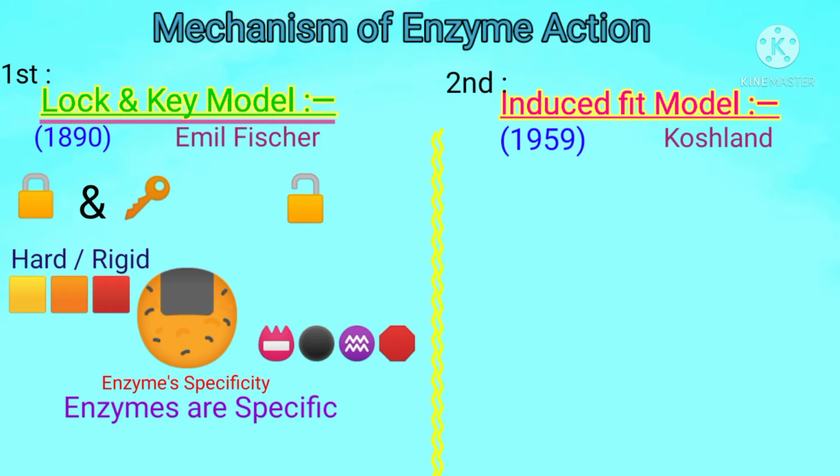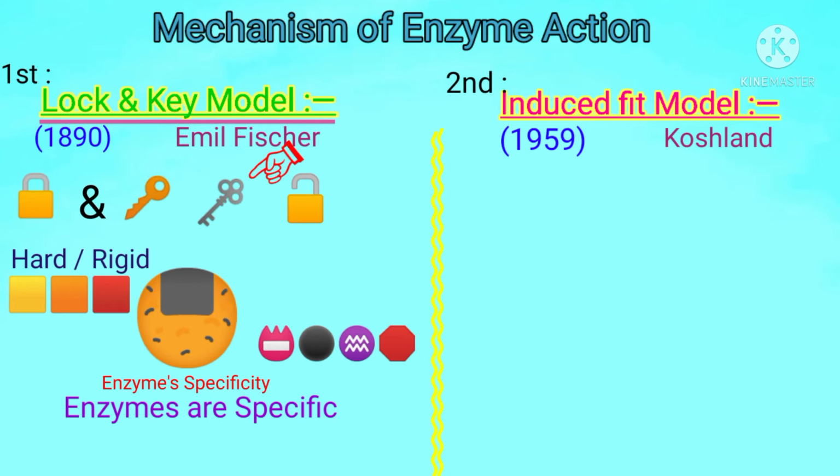In this way, this model describes the specificity of an enzyme on one hand, and on the other hand, the lock comparison, which has a rigid socket like the enzyme's active site, can accept only its own key to be unlocked. Because if we use another key for unlocking that lock, it can't unlock it, because that other key will be the other lock's key.